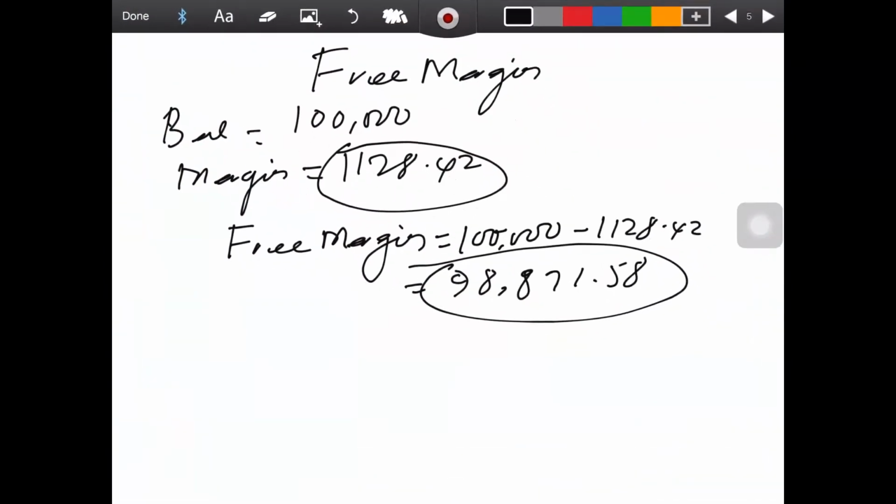Once your free margin is zero, you will experience what you call a margin call. Simply meaning you do not have enough money to protect that trade, and the broker will start closing your trades automatically by force, and you start taking the loss on that account. That is how people get margin call and blow their account.